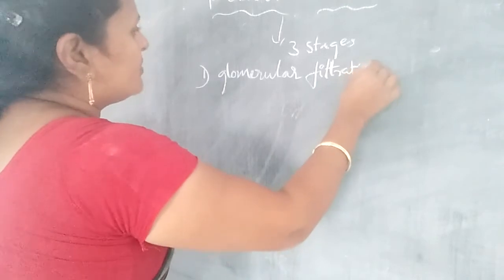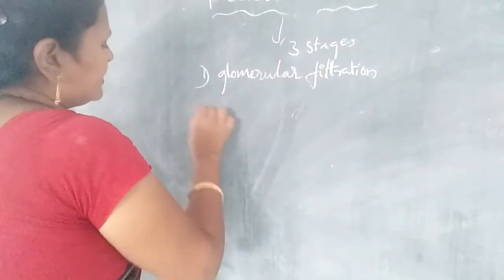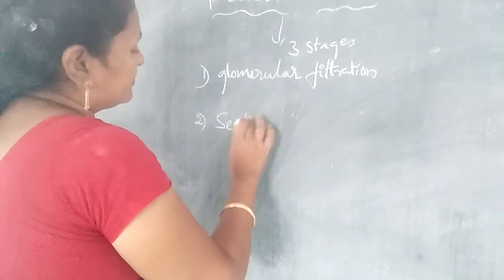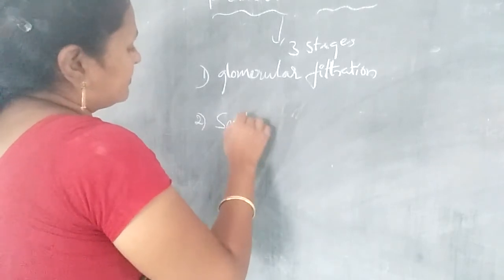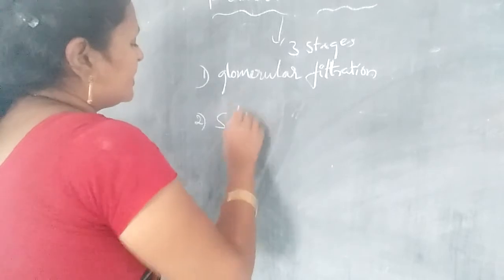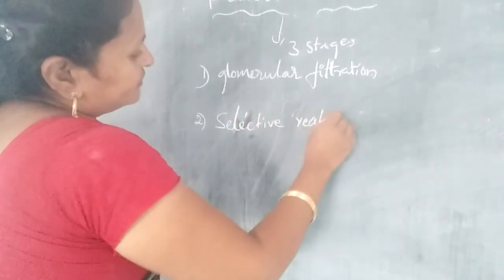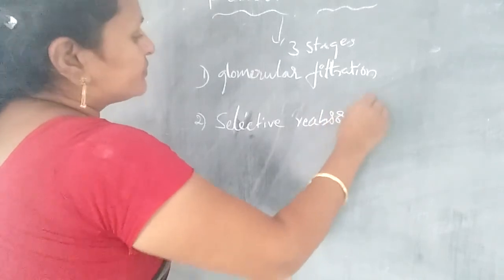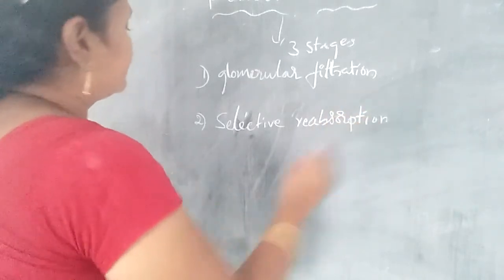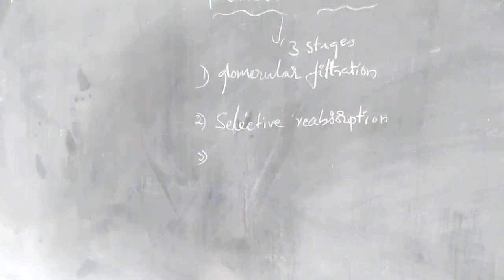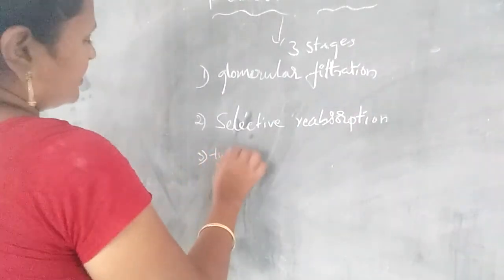Glomerular filtration. And the second one is selective reabsorption. And the third one is tubular secretion.